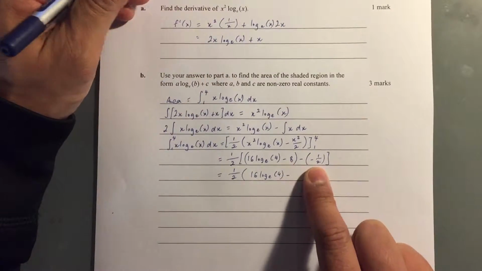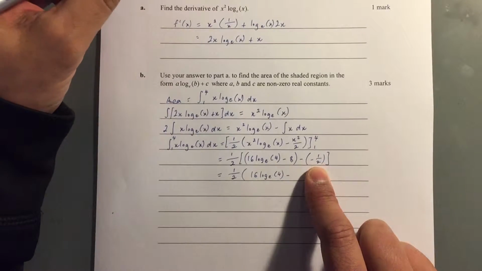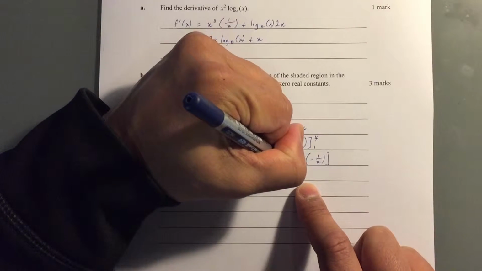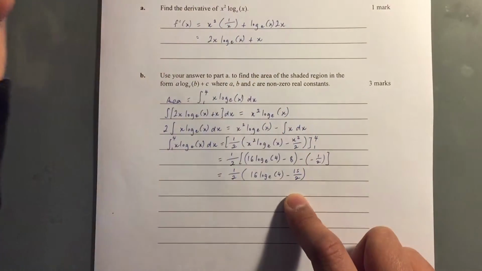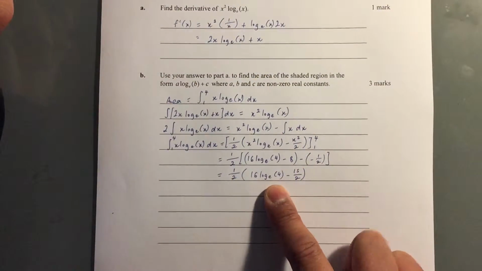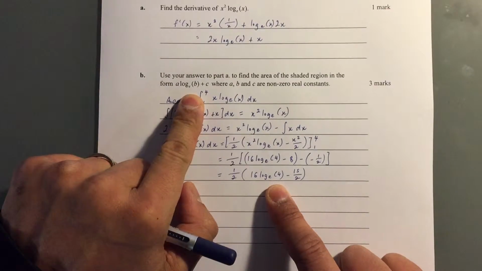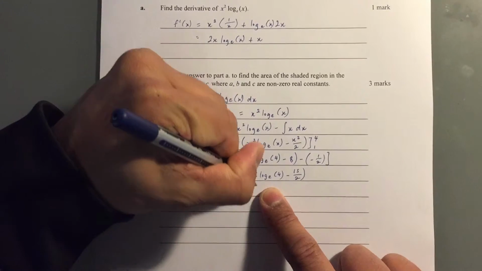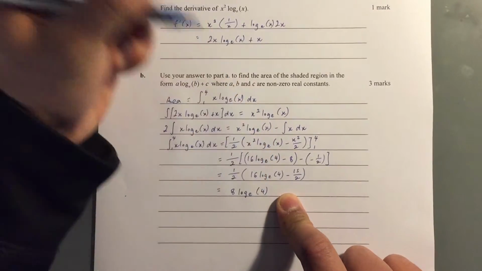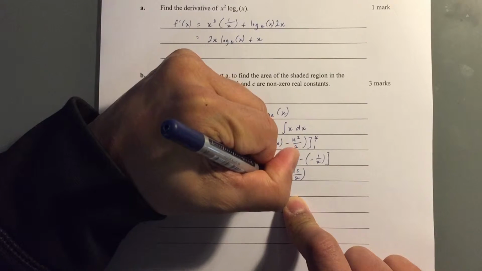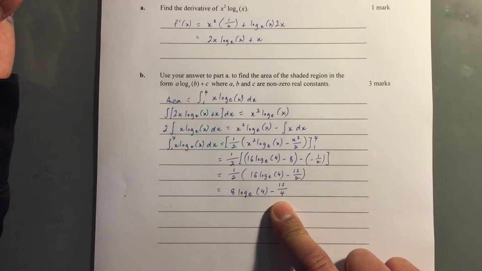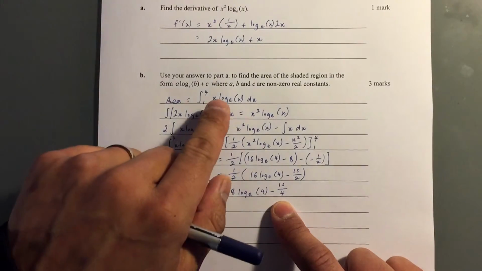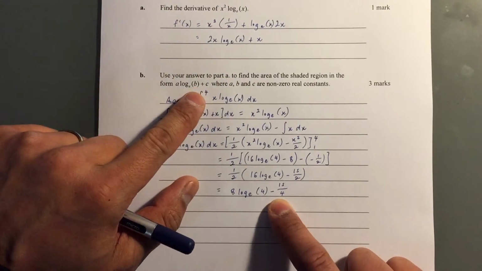So this is negative 8 plus a half, so it's negative 7.5, so negative 15 on 2. Now, I need to put it in this particular form here, so we'll have to expand. So this is going to be 8 log e of 4, take 15 on 4. Now, this question doesn't say what A, B, and C are, just expressed in this type of form, which I have.